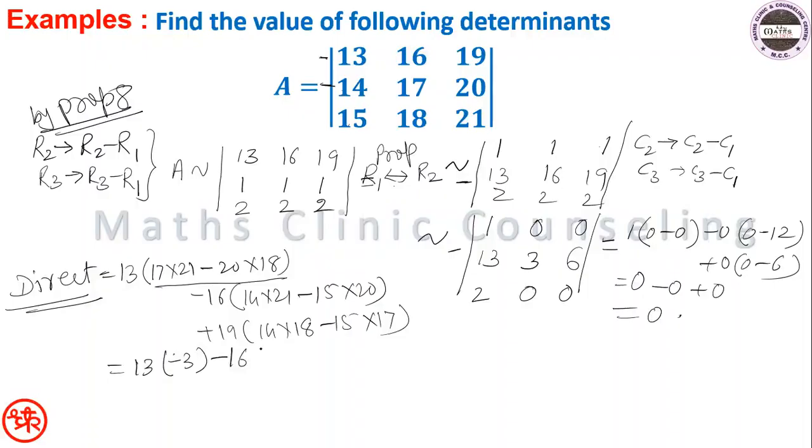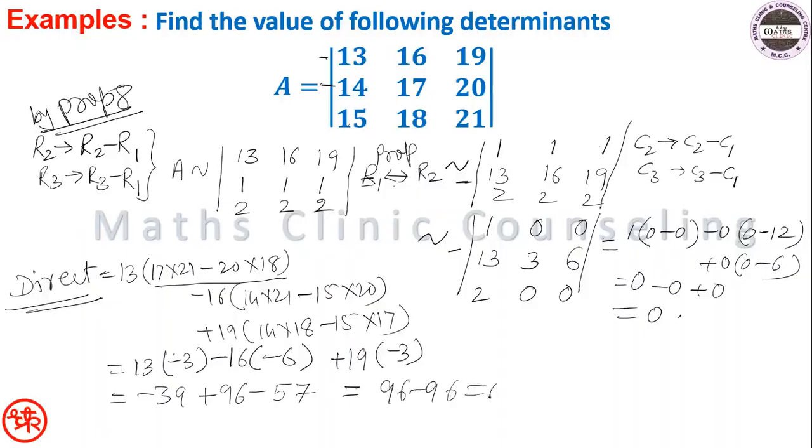Minus 16 into bracket value will come -6, and plus 19 into the bracket value is -3. Now look, how much is this? -39 plus 96 minus 57. Check, that is 96 minus 96, it is equal to 0.